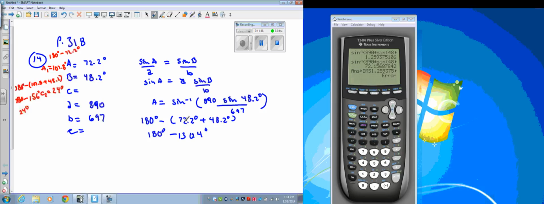Did I add those two together as 130.4? Then subtract that from 180. That'd be 149.6.